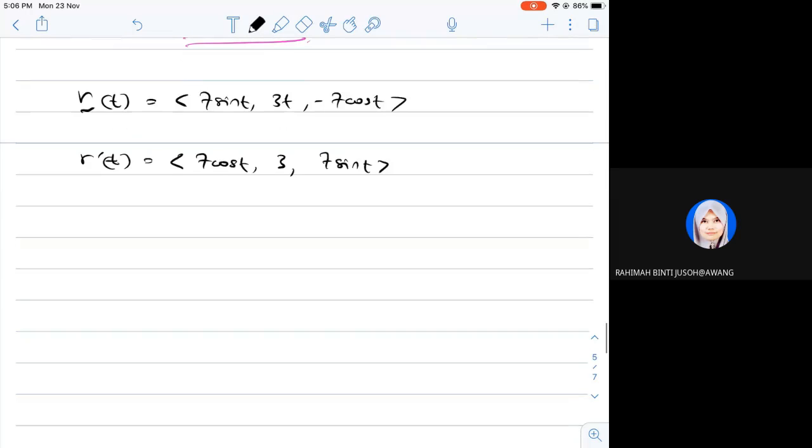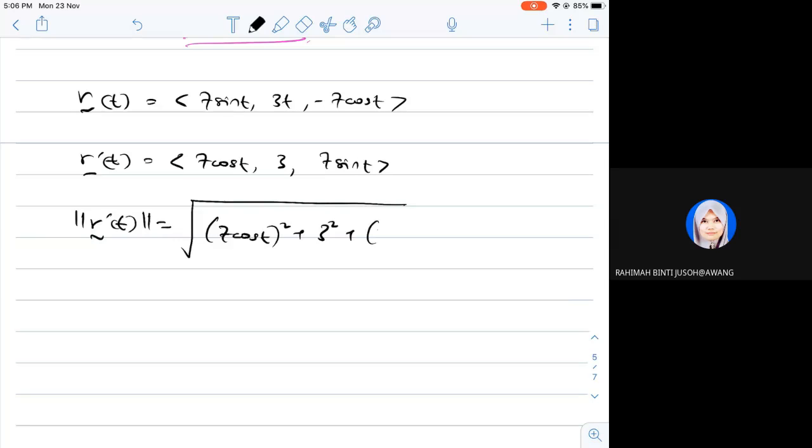After that we need to find the magnitude of r prime t, which equals the square root of (7 cos t) squared plus 3 squared plus (7 sin t) squared. Of course we get 49 and 49.